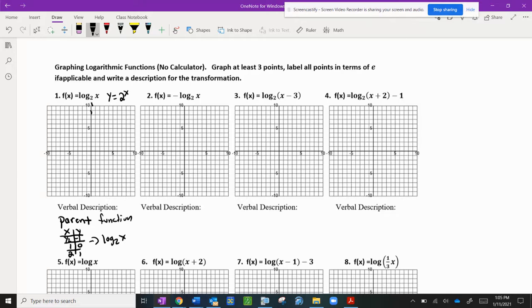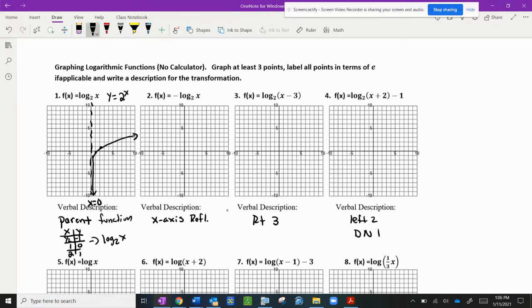So I know I have an asymptote at x equals 0, and I have (1/2, -1), (1, 0), and (2, 1). And so my log looks like this. And now I'm just going to take those 3 points and transform them. This would be an x-axis reflection. Next one would be right 3. And then this one would be left 2, down 1.